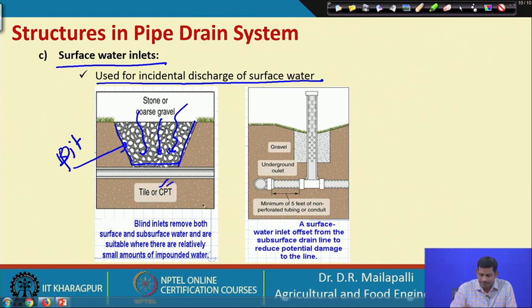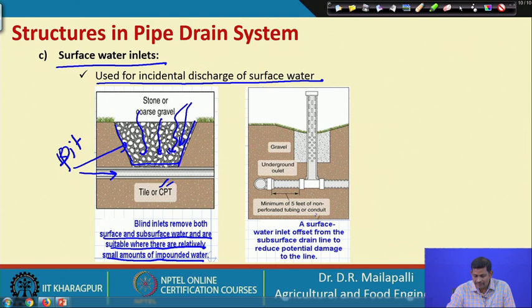Here, the blind inlets remove both surface and subsurface water and are suitable where there are relatively small amounts of impounded water. This is very important when a small amount of water is impounded. It removes excess water from the root zone as well as from the surface, so it serves both purposes.